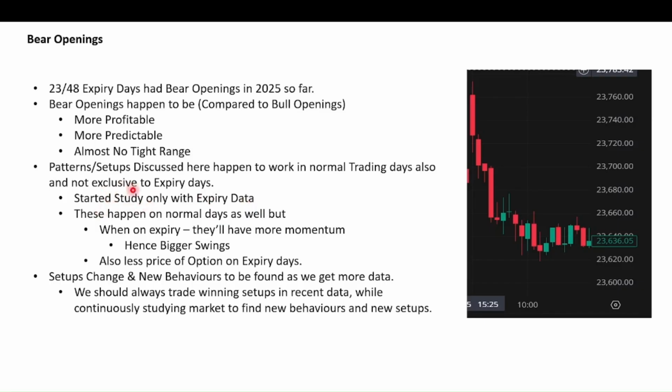So the data is not exclusive to expiry days, but when these kinds of things happen on expiry, they have so much more momentum compared to normal days. Hence, they result in bigger swings. Also, the option price is low on expiry day. On expiry days, you can find options for like 5 rupees, 10 rupees, 20 rupees.